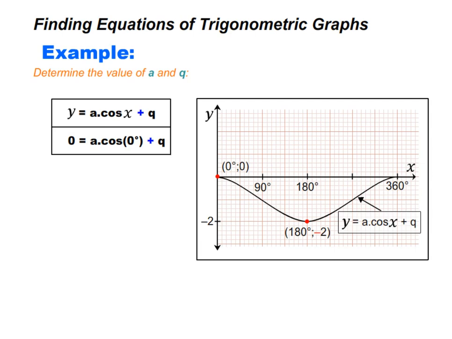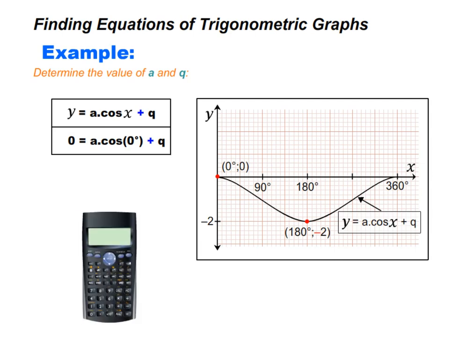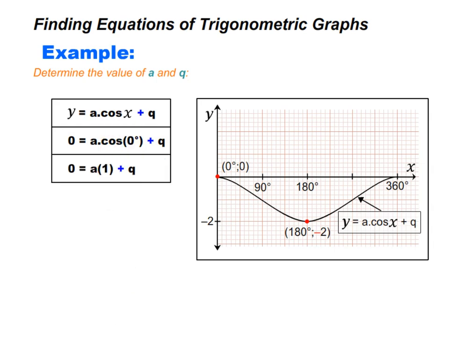Now take out your scientific calculator. Look at this part. Cos 0 degrees is equal to 1. So in the place of cos 0 degrees, we are going to put 1. So far we have 0 is equal to a multiplied by 1 plus q.